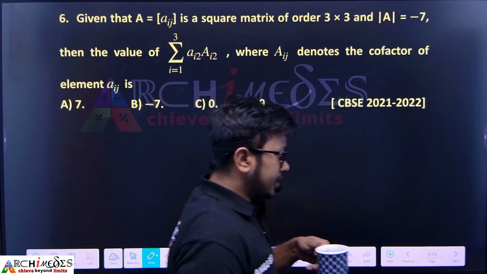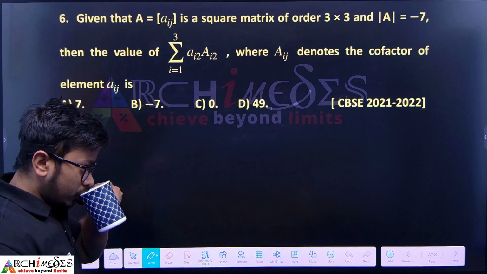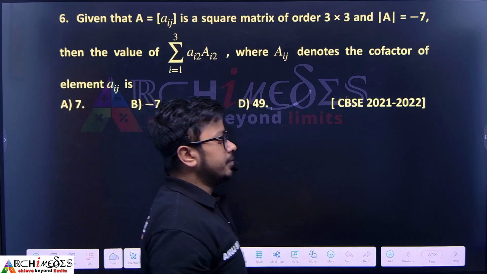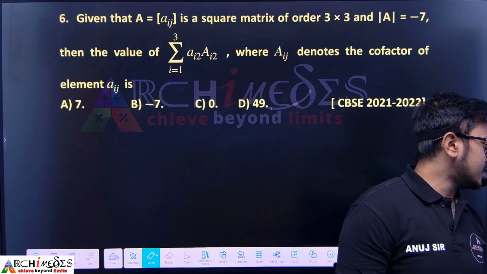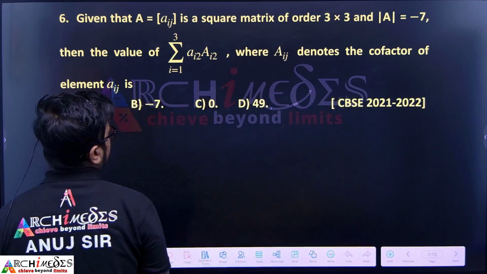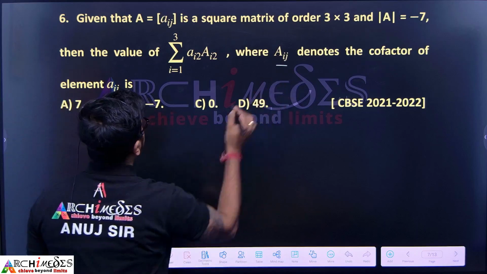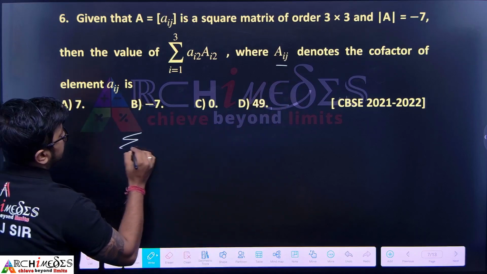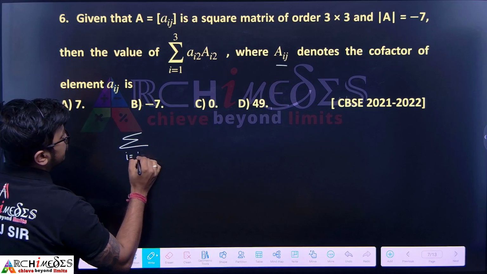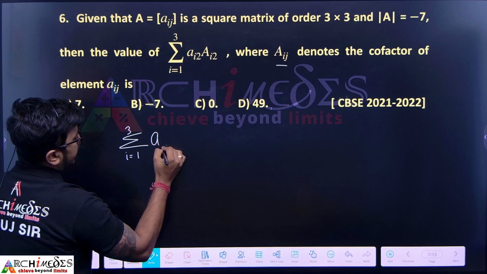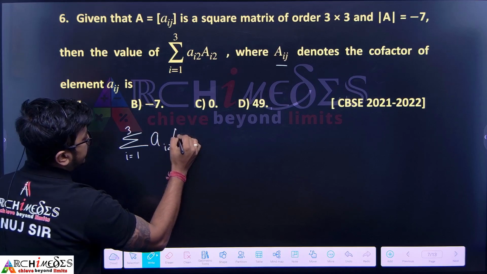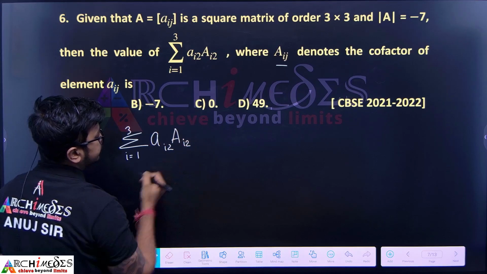Given that Aij is a square matrix of order 3 by 3, where the determinant is given as -7, and Aij denotes the cofactor. You have to find the value of the summation of i equals 1 to 3 of Ai2, capital Ai2. Listen carefully.